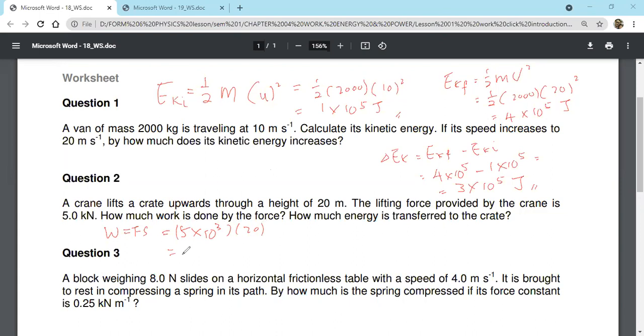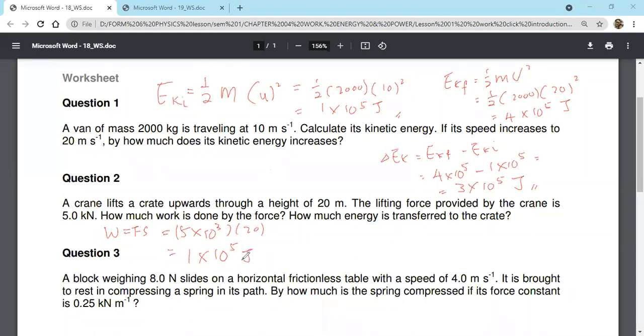We get 5 times 10 to the power 3 times 20 meter, which is equal to 1 times 10 to the power 5 joule.